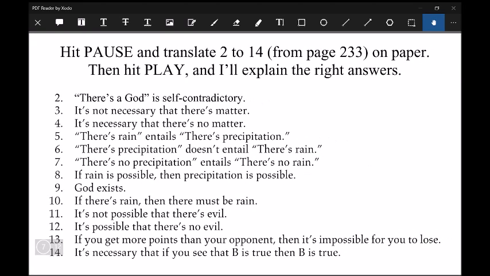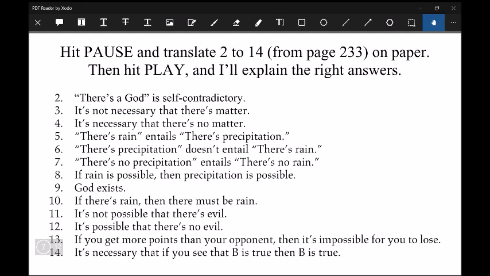So I want you to hit the pause button and then translate 2 to 14 on page 233 on paper. Work them all out. Look at the rules, try it, and then hit play after the pause, and I will explain the right answers, and we'll get into a few little subtle things.